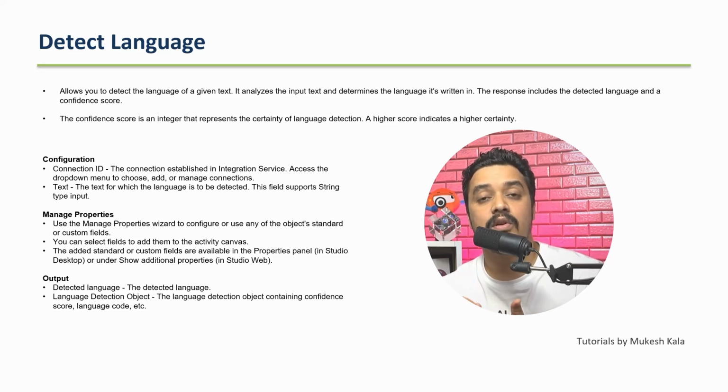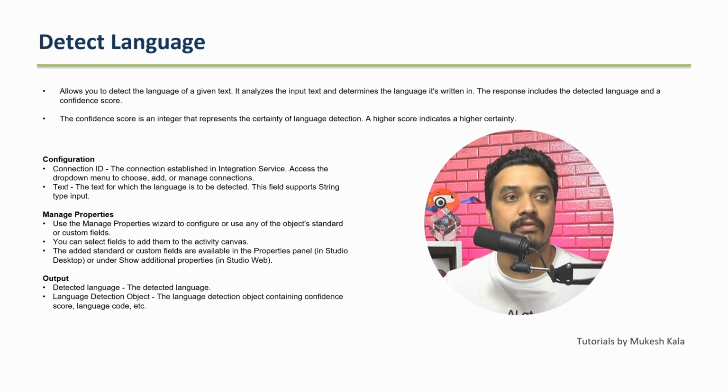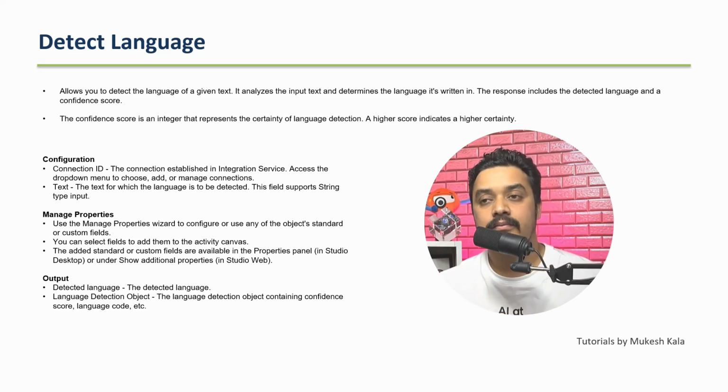In terms of output, you get two things here: the first is the detected language, and the other is the confidence score. And that's it. So these are the two activities we are going to use in today's use case: the first one is Detect and the second one is Translate.